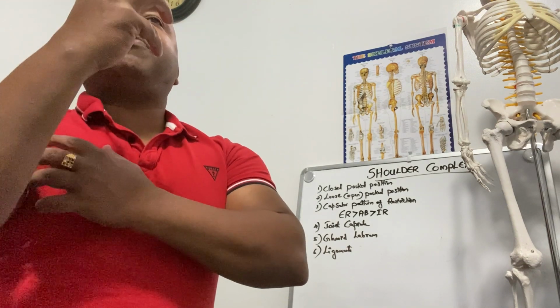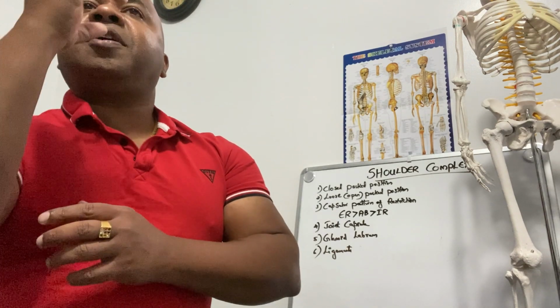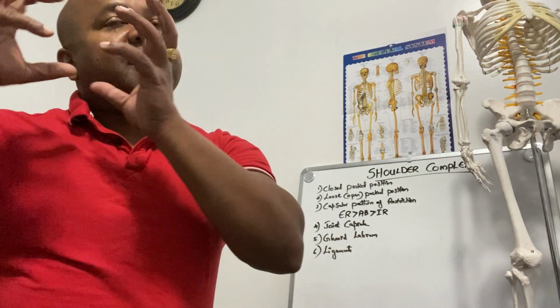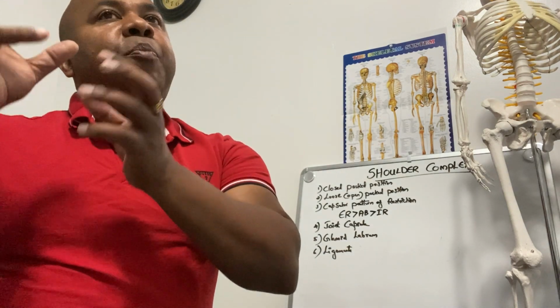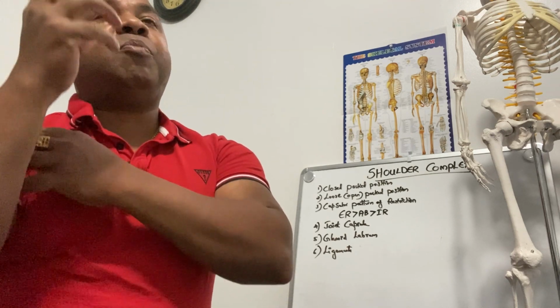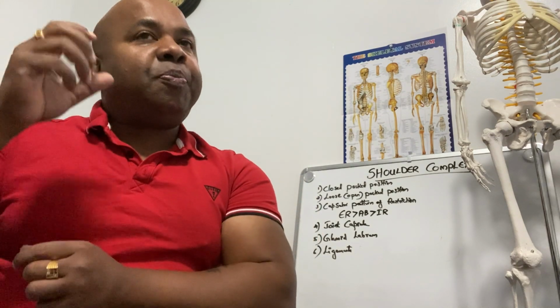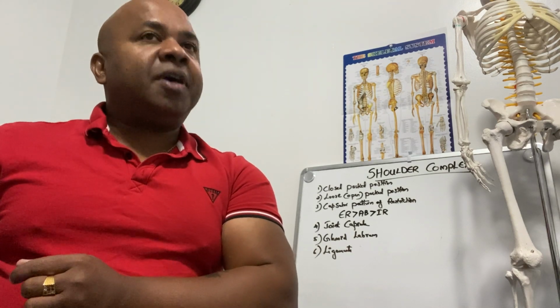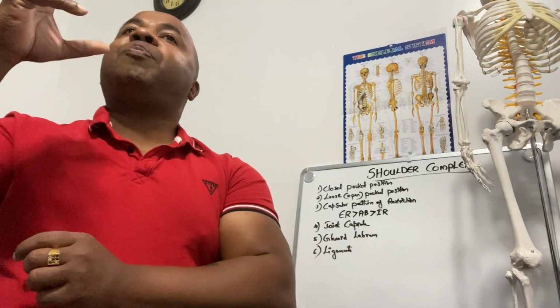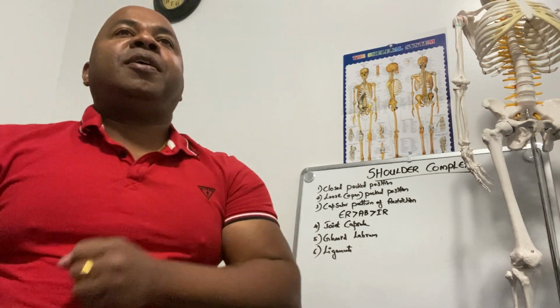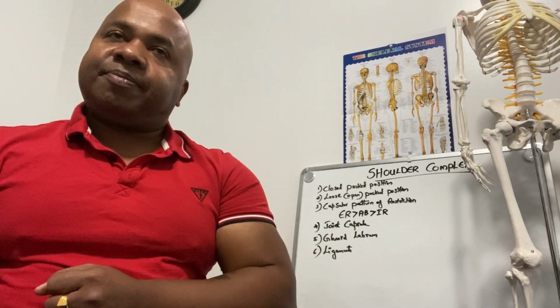During adduction of the shoulder, the head of the humerus is moving superiorly. So over adduction is prevented by the superior glenohumeral ligament, or during adduction the superior glenohumeral ligament is taut.